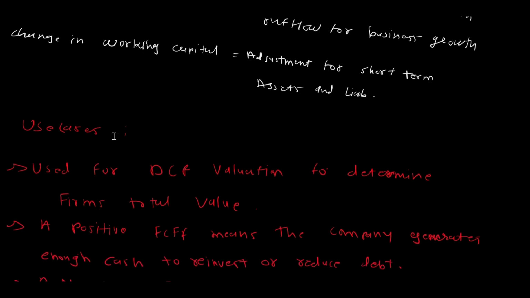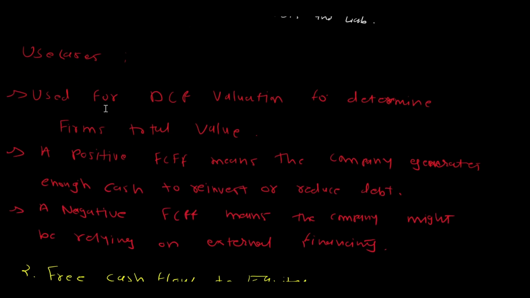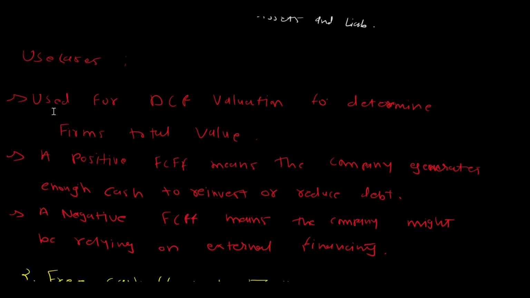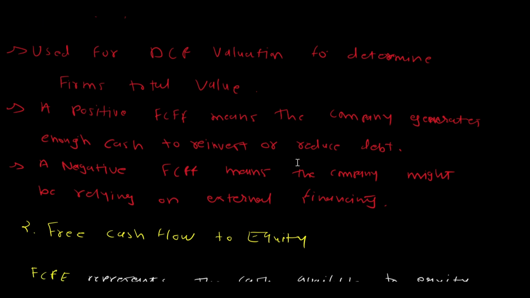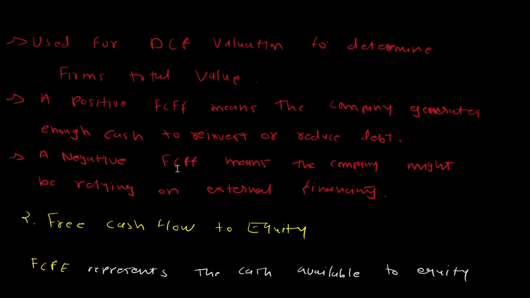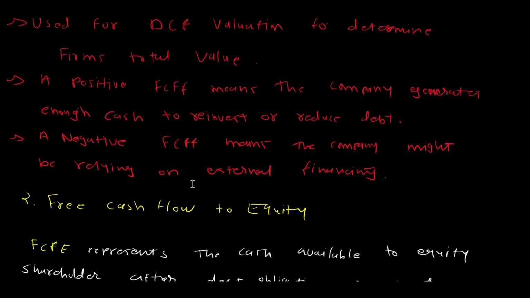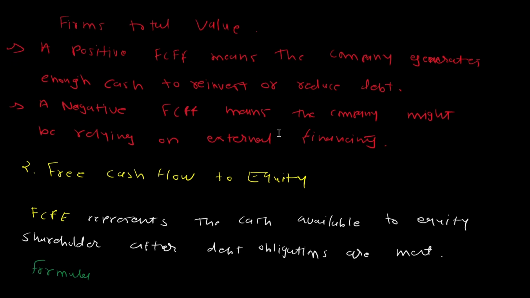So the use case of the FCFF is for the DCF valuation, discounted cash flow valuation, to determine the firm's total value. A positive FCFF means the company generates enough cash to reinvest or reduce the debt, and a negative FCFF means the company might be relying on external financing.